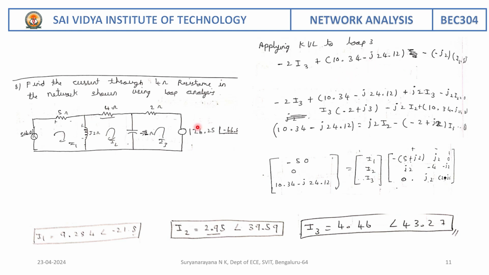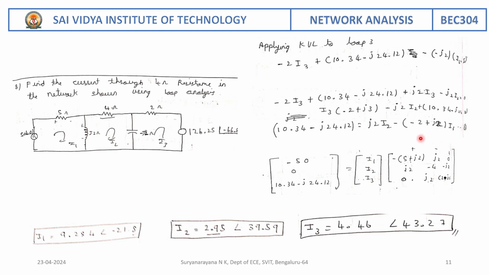So now we can write the equation: minus 2 I3, I am moving down, therefore plus the rectangular value, minus j2, minus of minus j2 because I have a capacitive element here. So it is nothing but (I3 minus I2) is equal to 0. On simplifying, I am going to get the third equation as shown.